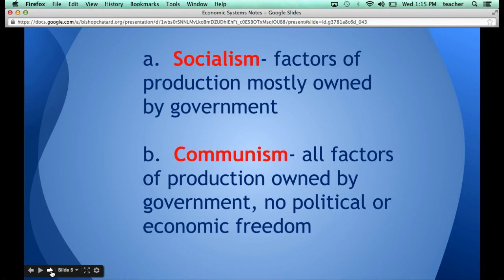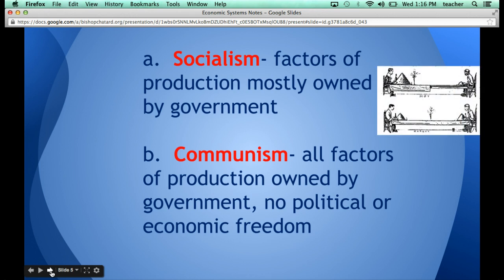They don't own all the factors of production, so you may still be able to, for example, choose what job you want to have. Whereas with communism, they will tell you what kind of job you have. So they're kind of similar, and yet communism is much more extreme than socialism.